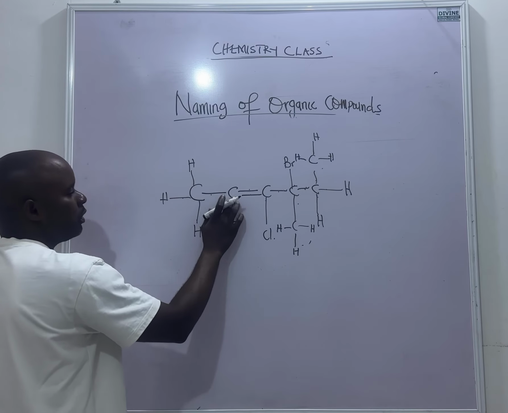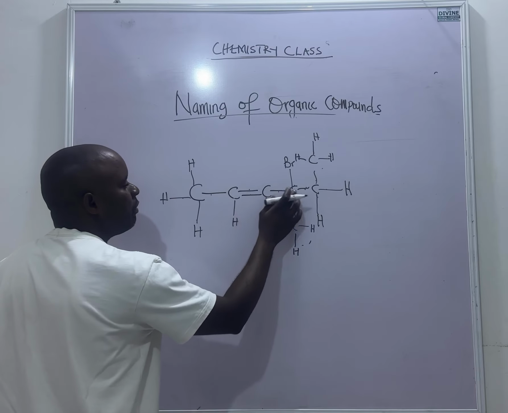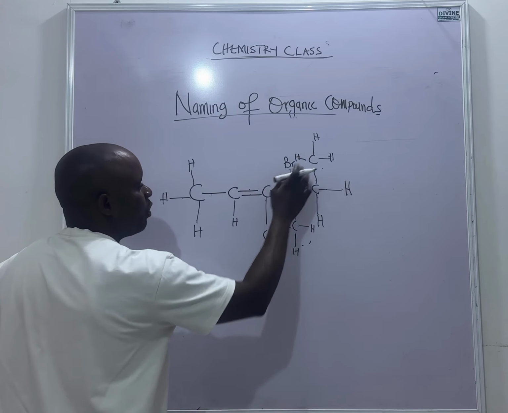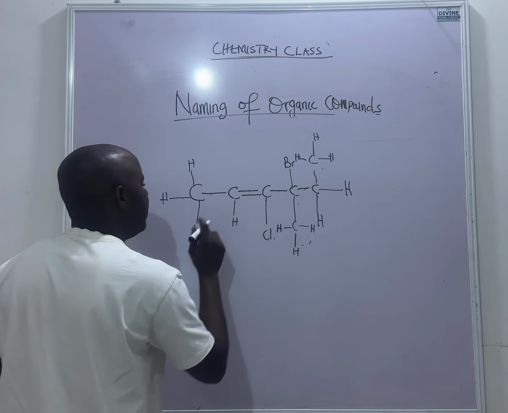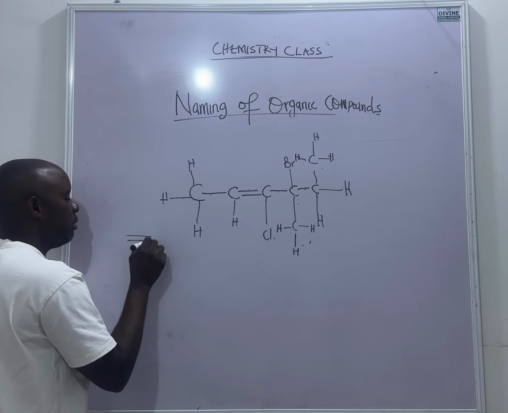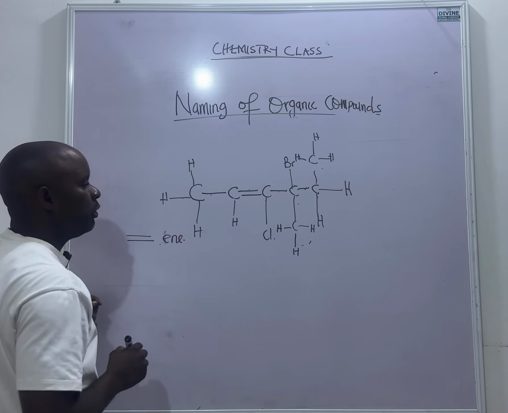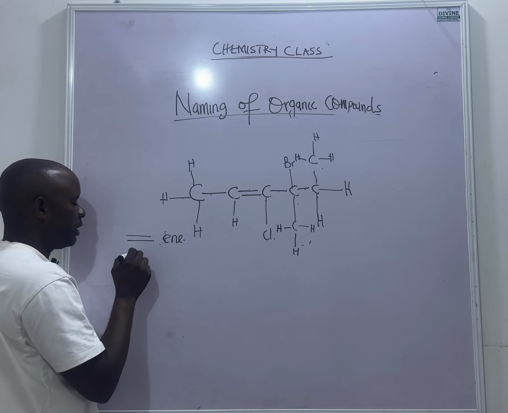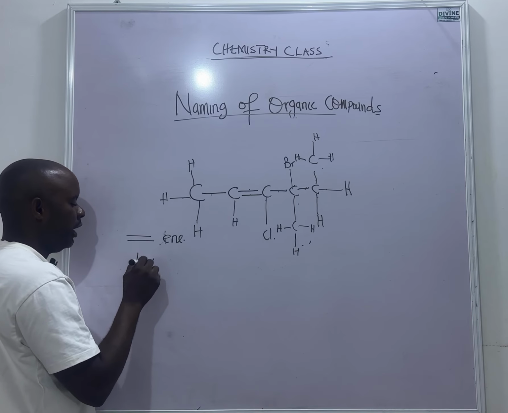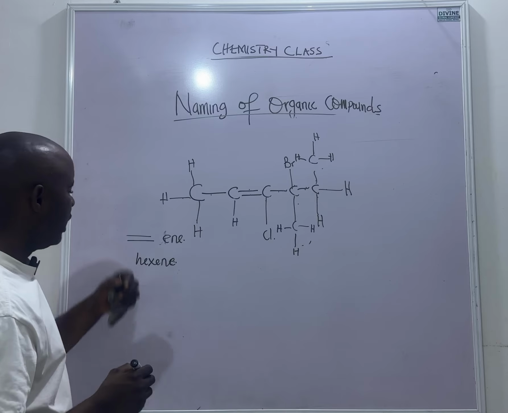So 1, 2, 3, 4, 5, 6. The functional group is the double bond, so it must end with ENE. We have 6 carbon atoms. A 6 carbon atom chain is known as what? Hex. So we have hexene.